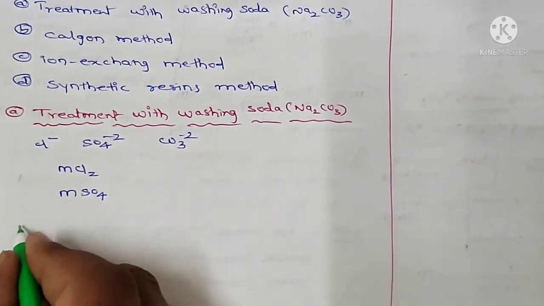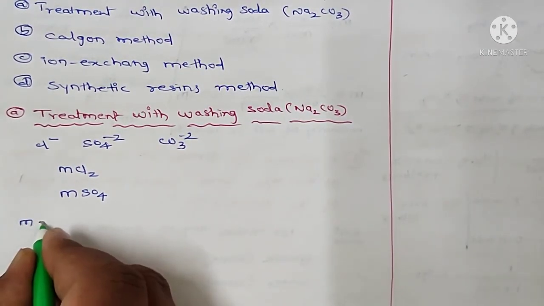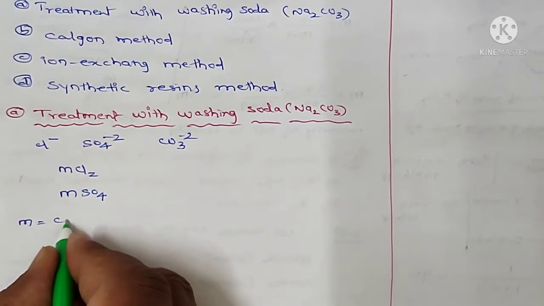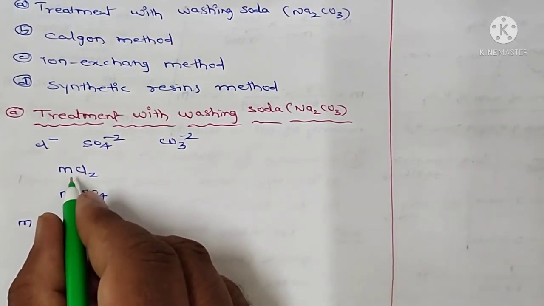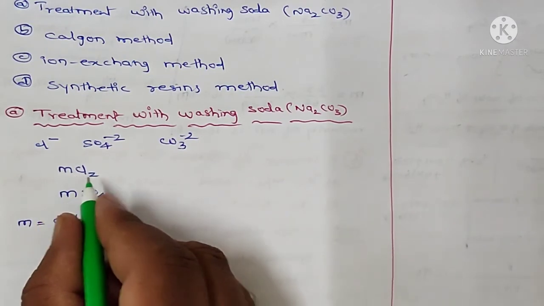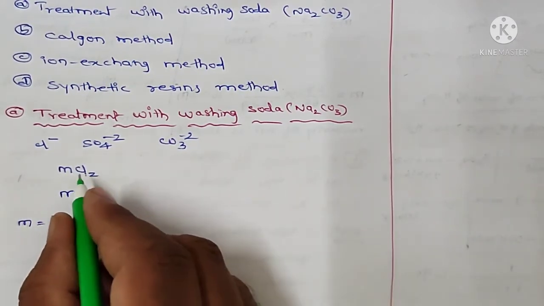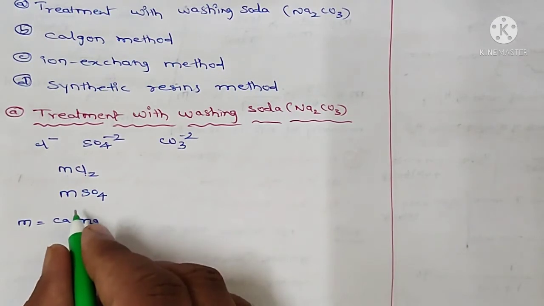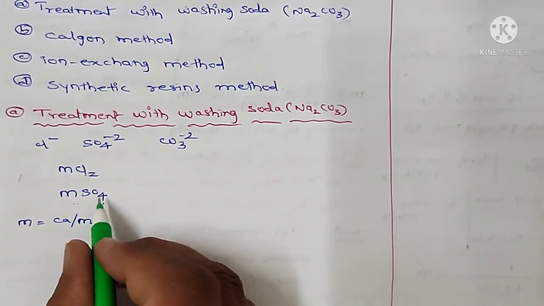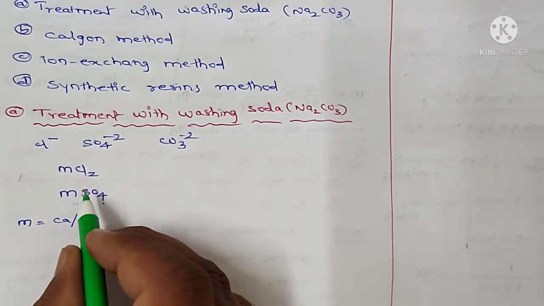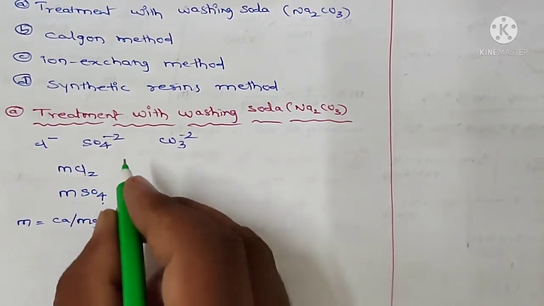So here M means it may be calcium or magnesium. Means here in this hard water we have calcium chloride or magnesium chloride or magnesium sulfate or calcium sulfate. So then that water is called hard water, permanent hard water.